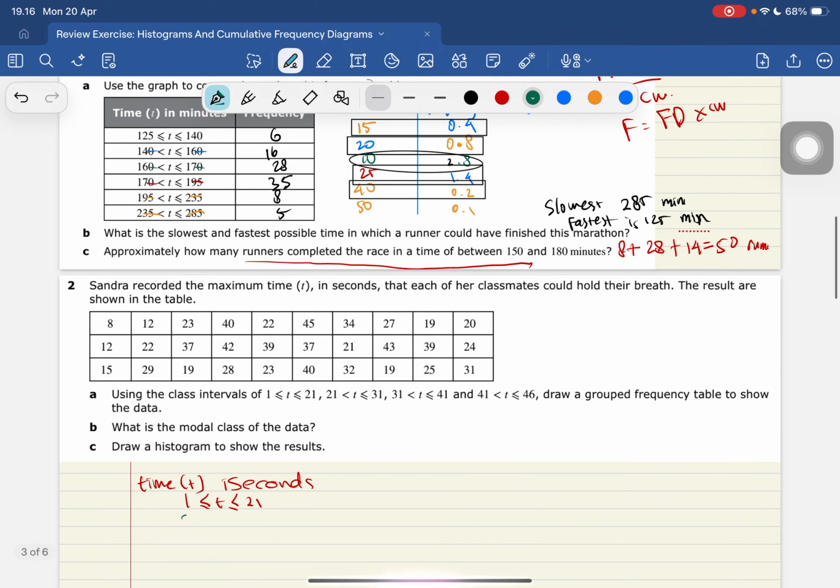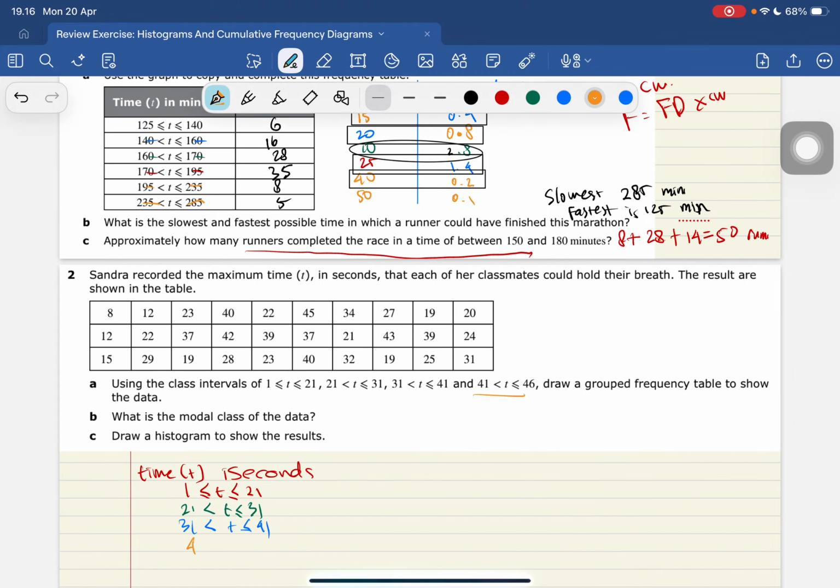Next is 21 to 31. Next is 31 to 41. And the last is 41 to 46.